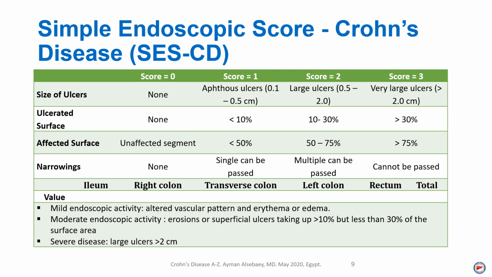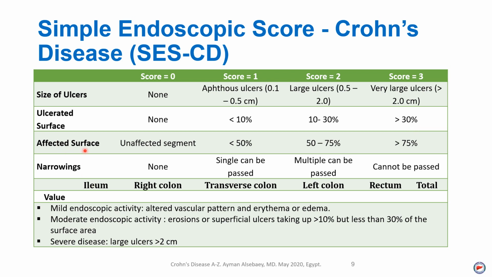Another score which depends mainly on endoscopy and is also commonly used in the literature is called the simple endoscopic score, SES. It depends mainly on the size of the ulcer you see. If it is more than 2 centimeters, it is considered a large ulcer. The ulcerated surface related to the circumference of the intestine, if it is more than 30%, is a large ulcer.